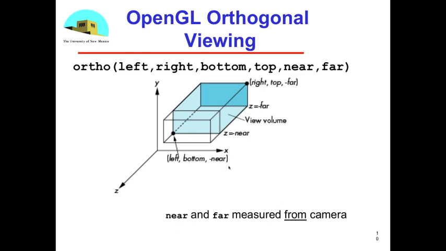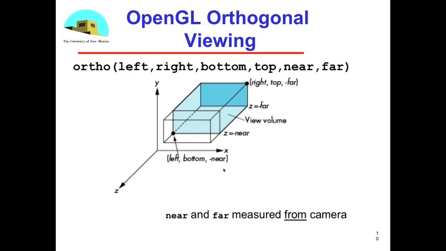But the distances for near and far in this function ortho are going to be measured from the camera. They're not going to be z values. Left, right, top, and bottom are values in XYZ space. Near and far are distances from the origin to the front and far clipping planes. So in this picture I want a positive value here, because that'll give me a negative value of z, since this box is in the negative z plane.